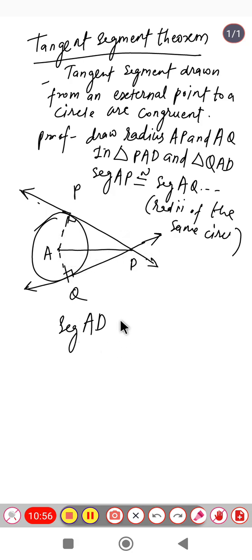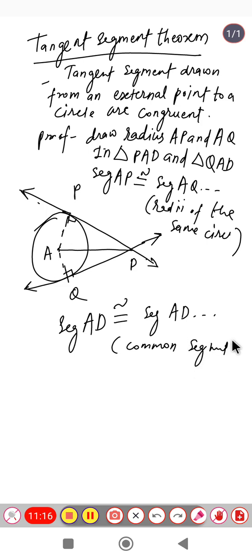Then the next one is segment AD, which is congruent to segment AD. Why? Because in this triangle and in this triangle, the segment AD is common. It's a common side.